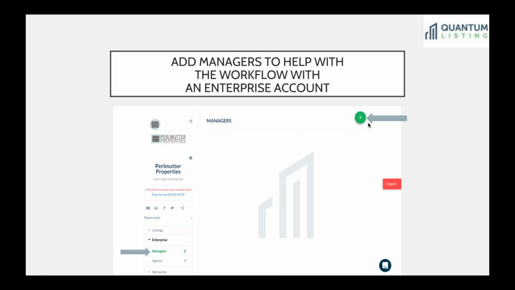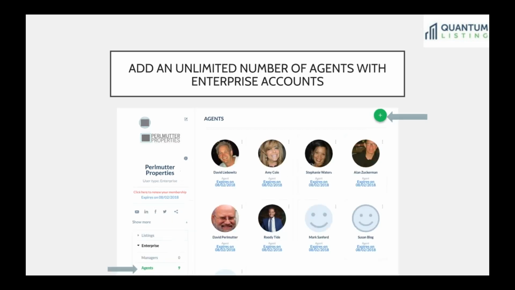And managers are able to log into your account with their own login, add agents, add listings, and edit that information as well. So if you have a big organization and there's more than one marketing person, it's nice to be able to add a manager. And then you can also add an unlimited number of agents with enterprise accounts.